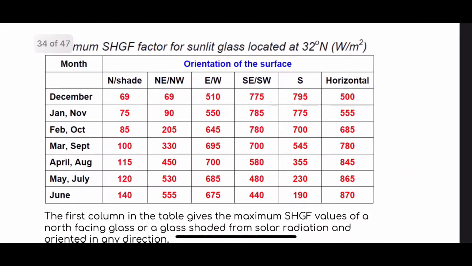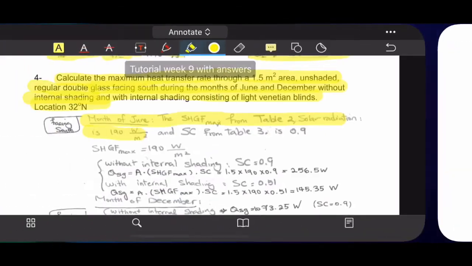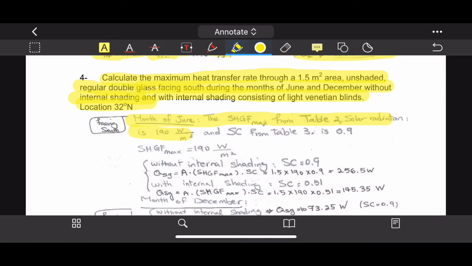Alright, without internal shading, the SC is 0.9. So Q_SG, solar gain, is A times SHGF max times SC, 1.5 times 190 times 0.9, around 256 watts.